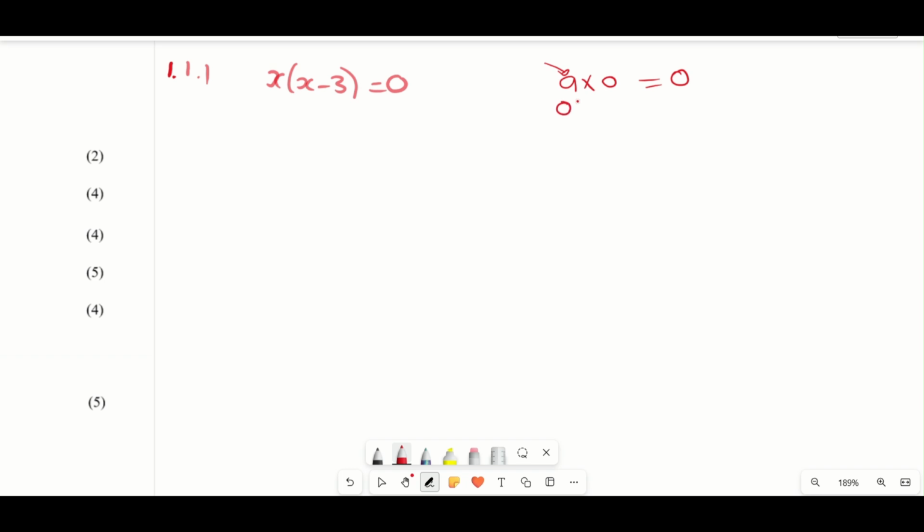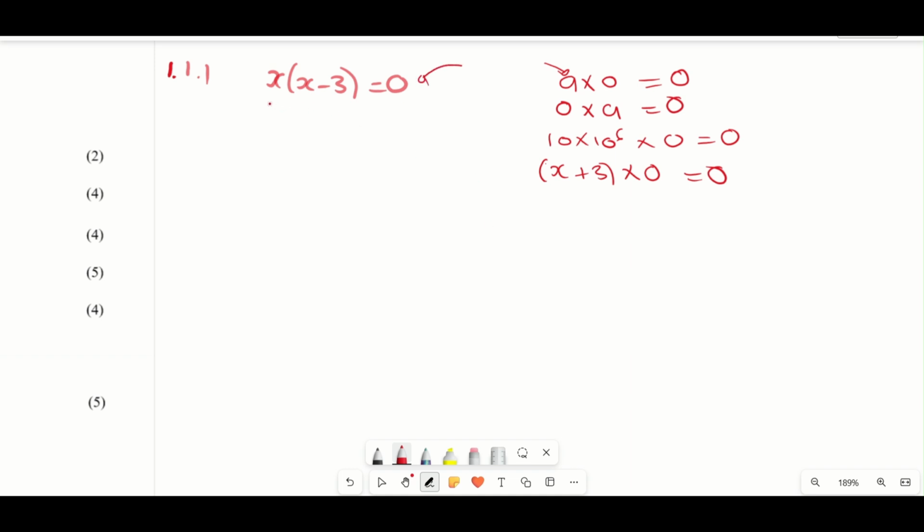I can have 0 times a, I'll still have 0. I can have 10 times 10 raised to the power 6 times 0, it will always equate to 0. Whatever value I have multiplied by 0 will equate to 0, which is what we have here on the right hand side.